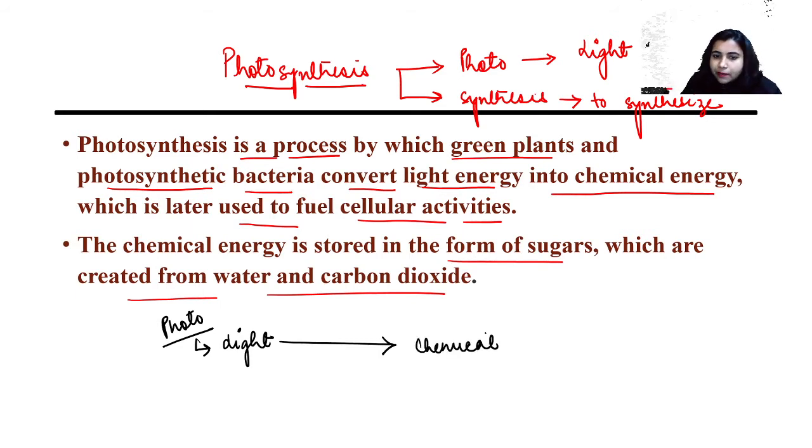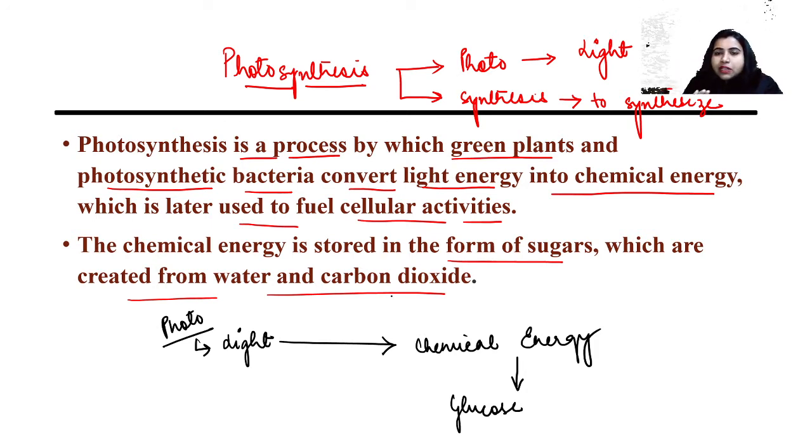In the presence of light, the green plants and photosynthetic bacteria like purple sulfur bacteria, green sulfur bacteria, and cyanobacteria utilize the light energy and convert it into chemical energy. This chemical energy is now stored in the cell in the form of sugar, that is glucose, which is created from carbon dioxide and water.